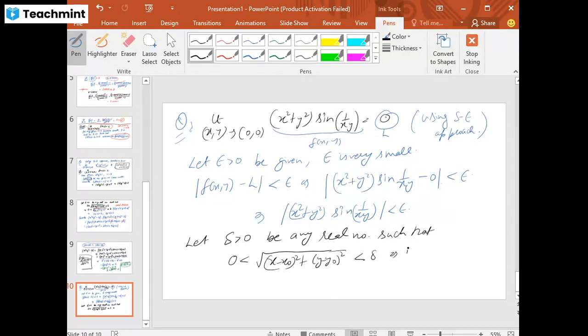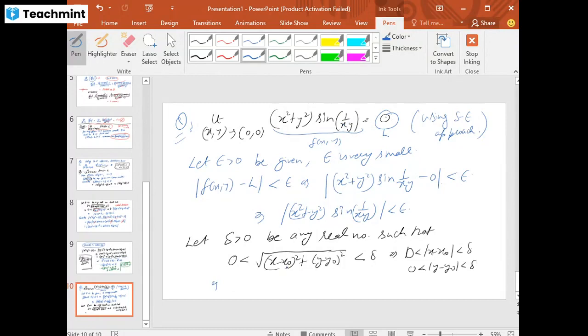It means that 0 is less than mod of x minus x naught is also less than delta, and 0 is less than mod of y minus y naught is also less than delta. That means we have considered the relative neighborhood of a point. Why? Because in the neighborhood of the point 0 0, if I put x equal to 0, sine 1 upon 0 is not defined. So we need to consider the relative neighborhood of a point.